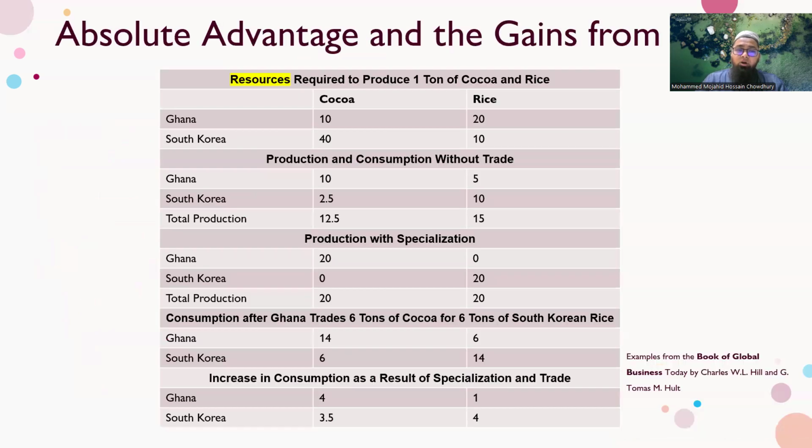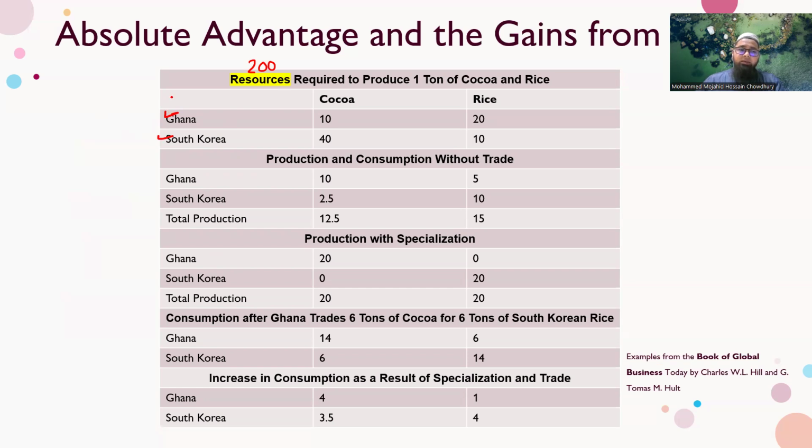Let's have a look at the figure, with an example of Ghana and South Korea. Here we have resources, let's say 200. When we talk about resources, it includes labor, time, capital, everything.